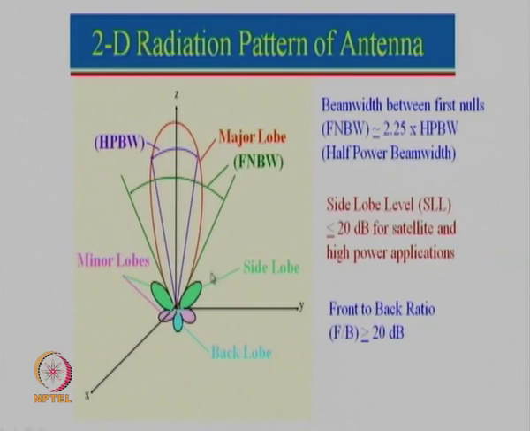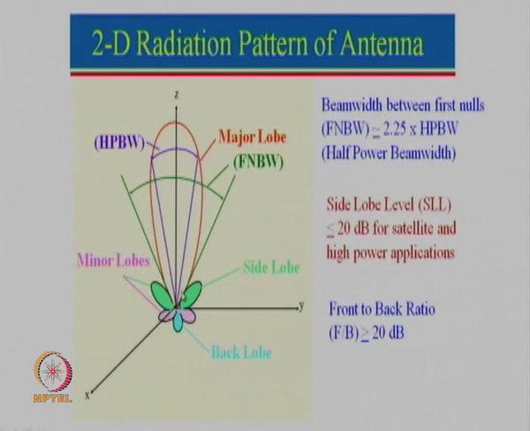Then the side lobe levels. Now, we will see in time to come that if we feed arrays with uniform amplitude, side lobe level is just about 13 dB or so. However, for satellite and high power application we want side lobe to be less than 20 dB. So, just imagine a high power transmitter which is transmitting, let us say, 1 kilowatt power in this direction.